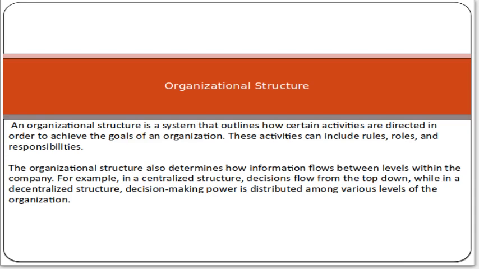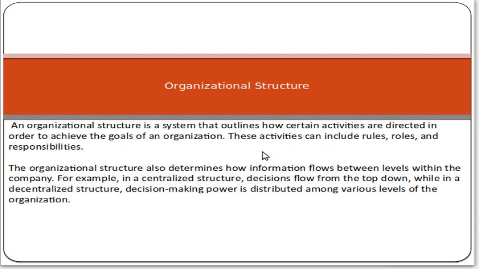So let's start. Organizational structure. Basically, if you see this term, organizational structure means what the structure of the organization is, and what the skeleton is on which any organization stands. Organizational structure is a system that outlines how certain activities are directed in order to achieve the goals of an organization.